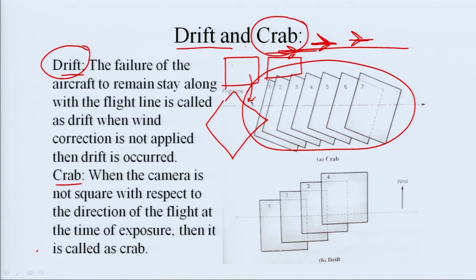So, when a camera is not square with respect to the direction of flight, the error which occurs during aerial photography is known as crab. There is a small difference between drift and crab. Drift is a deviation of an aircraft, and crab is a change in the direction of a camera at the time of exposure.